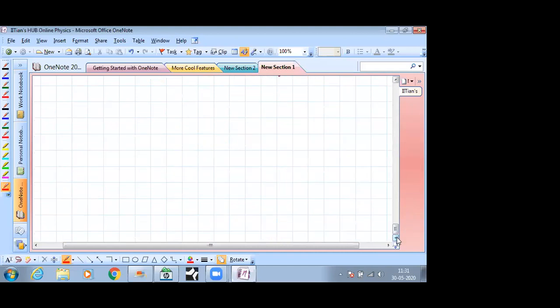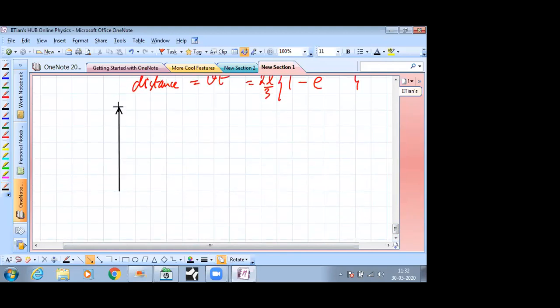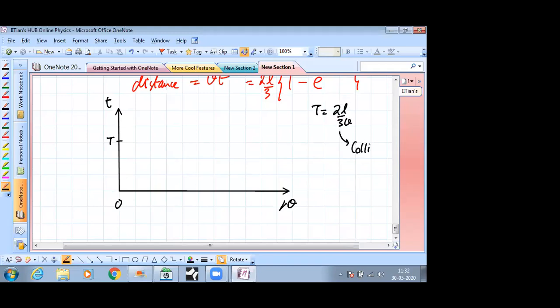If you look at the relationship of time versus angular displacement, this is your delta theta versus time. Now, if this is the total time when the collision was to happen, capital T is that 2L by 3v, that is the collision time.